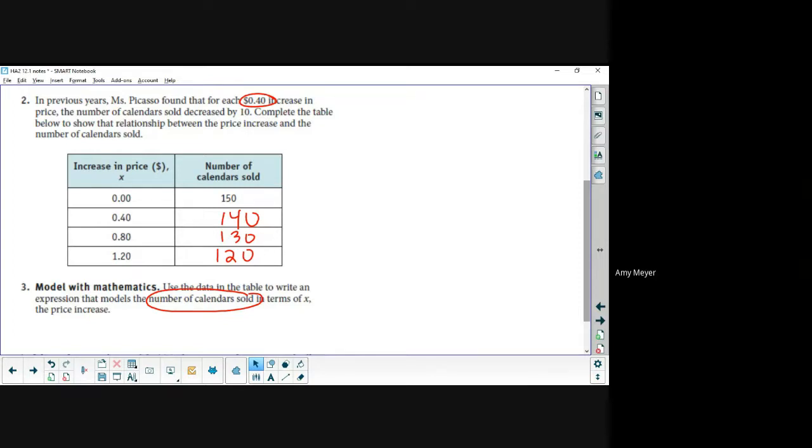Write a linear equation for that. When you get your slope, feel free to simplify it so it's a nice number. It should be a fraction, but when you type the fraction in, you should get a good number.